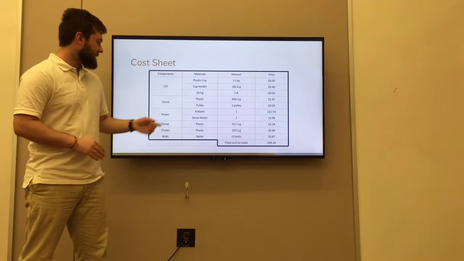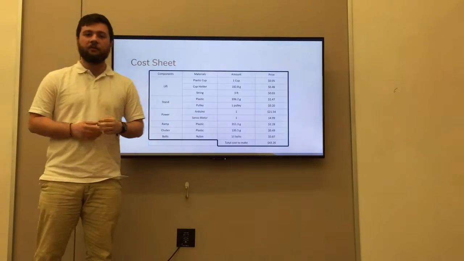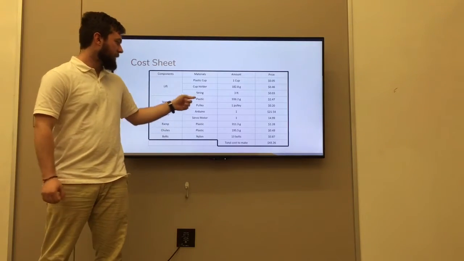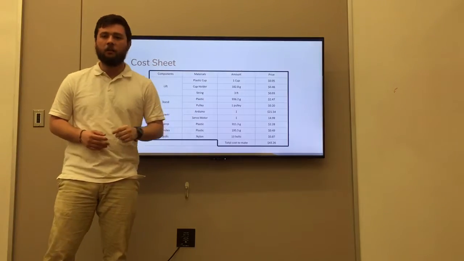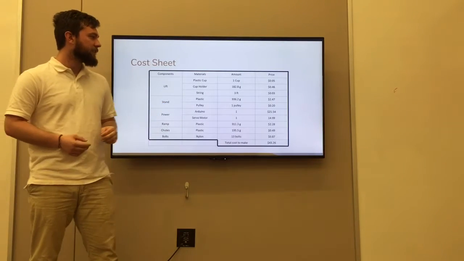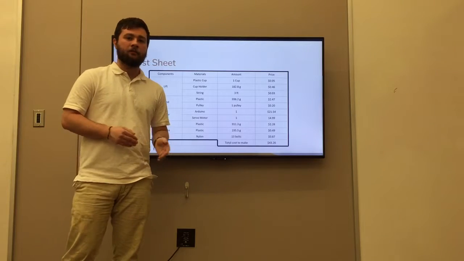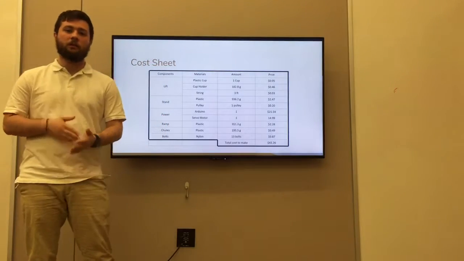So whereas the stand was mostly made out of cardboard for the prototype, we decided to change it to ABS plastic. And for the two stands, it would be roughly 1 kilogram of plastic. This is to give us a better understanding later of how much would go into manufacturing the product.